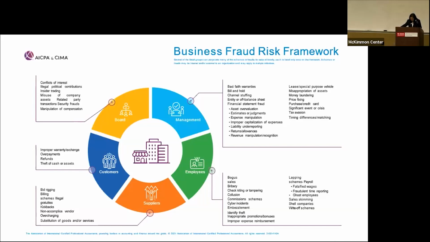Federal regulators can get you into trouble. Examples of financial statement fraud are asset overvaluation, estimates or judgments, expense manipulation, improper capitalization of expenses, underreporting liabilities, manipulating returns and allowances, and revenue manipulation and recognition.